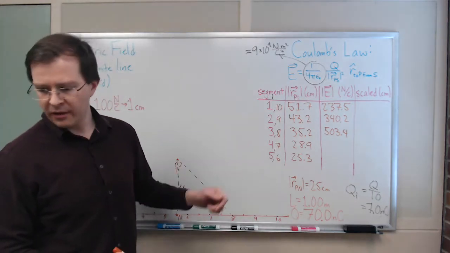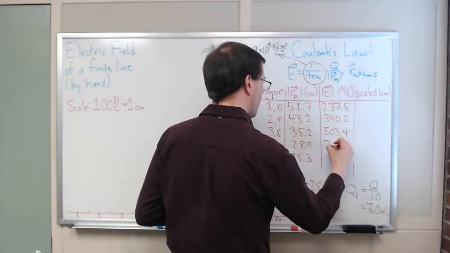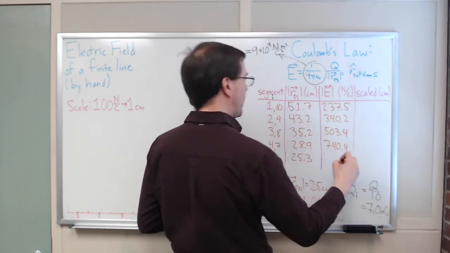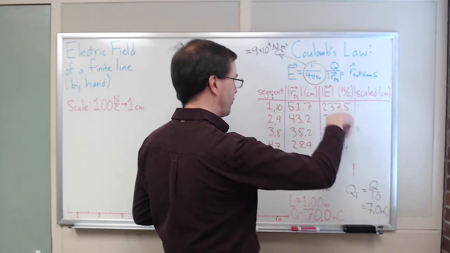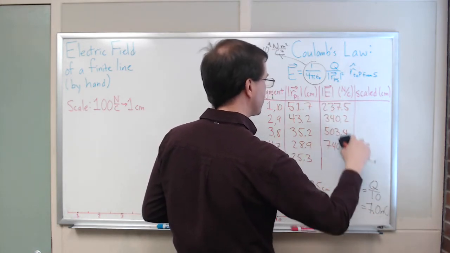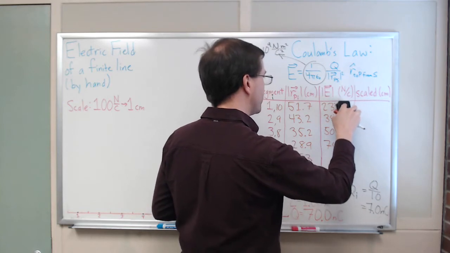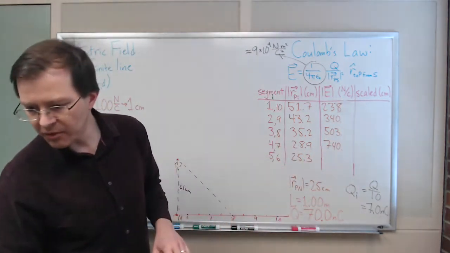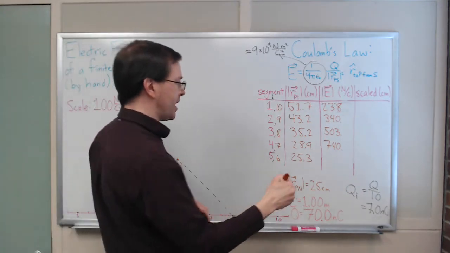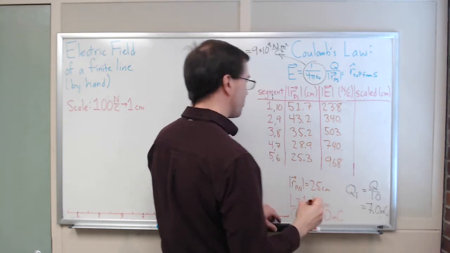Segment 4, I find 740.4. You know what? I should not use the decimal places because I'm already off in the 3rd decimal place here. The 4th is ridiculous. I'm going to just ignore those completely. Round this to 238 because you round to the nearest even number if it's a 5. 238. And segment 5, I get 968 as my number of newtons per coulomb.